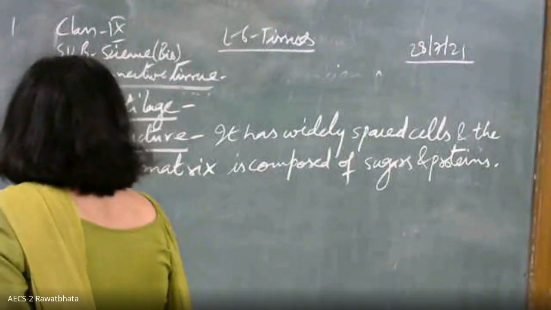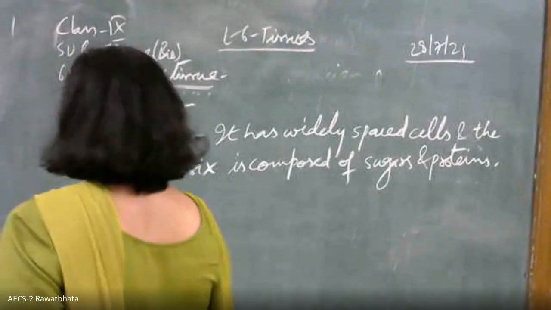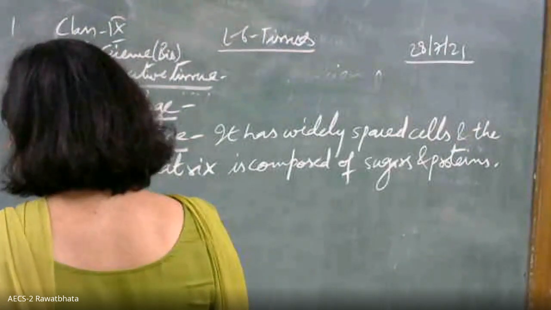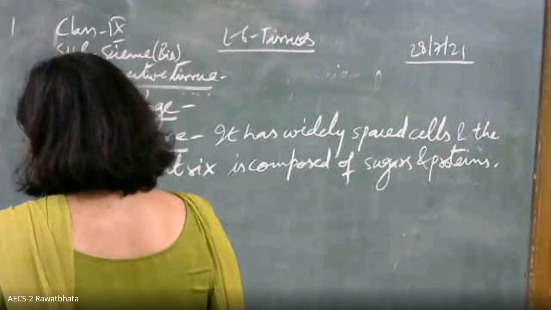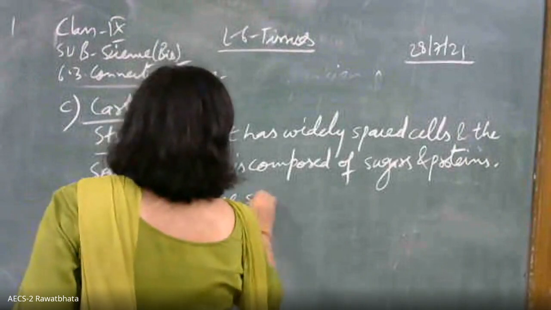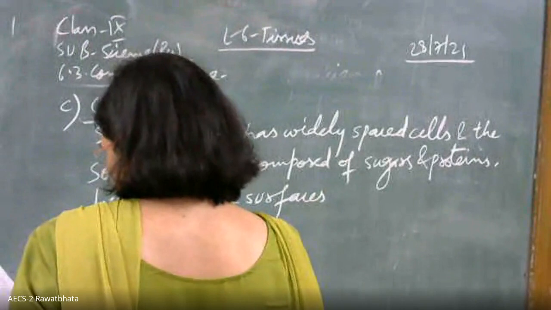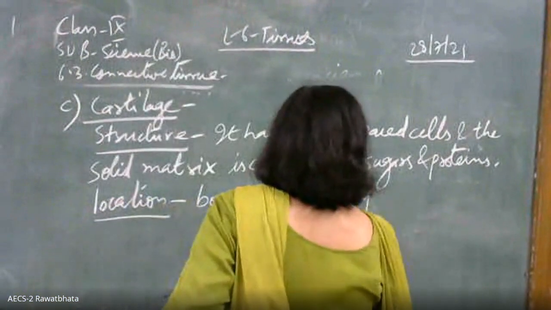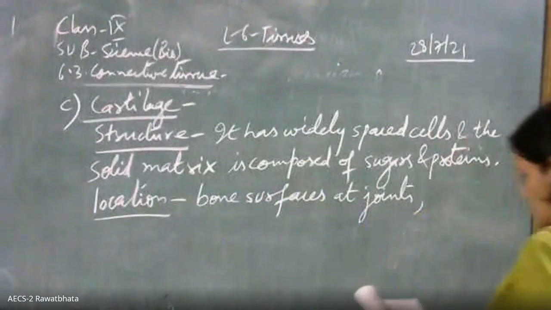And the location now. Bone surfaces at joints, that actually ensures the smooth movement of the bones around joints.